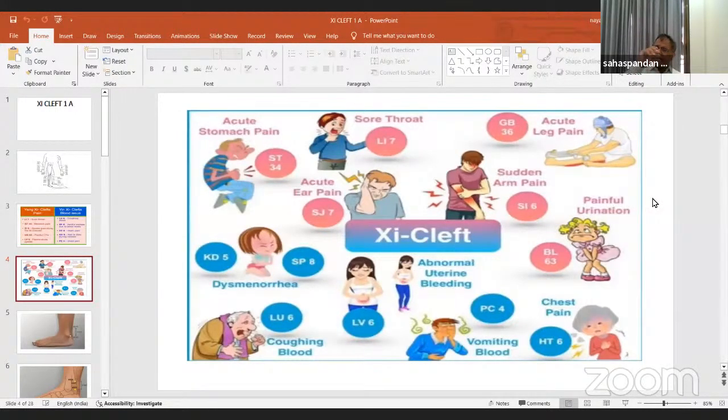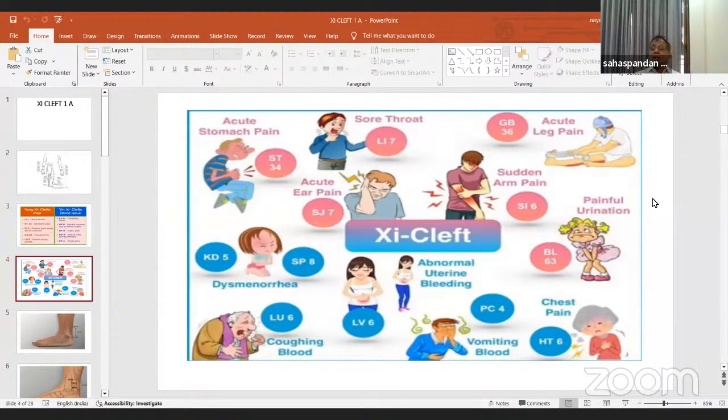So any Xi-Cleft point is used for excess pattern. Another characteristic of these points is that they can be used to stop bleeding, especially in acute cases.